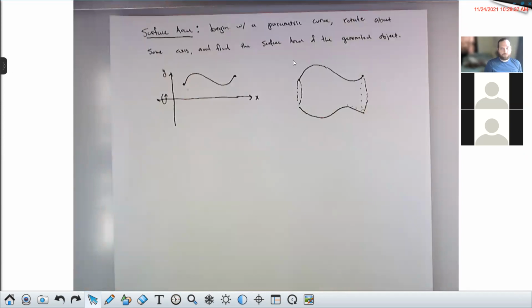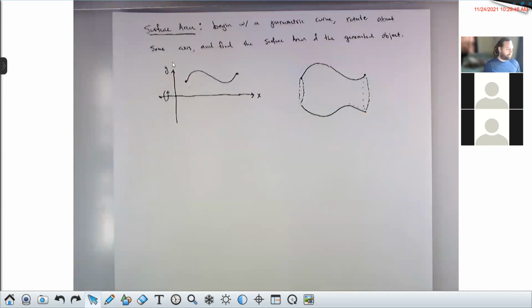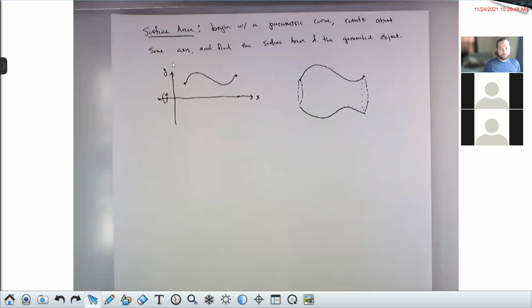All right, so this surface has a surface area, and we can compute that surface area by setting up an appropriate integral. The trick to setting up that integral is about thinking of the little arc length segment I mentioned at the end of the derivation of arc length, the ds.